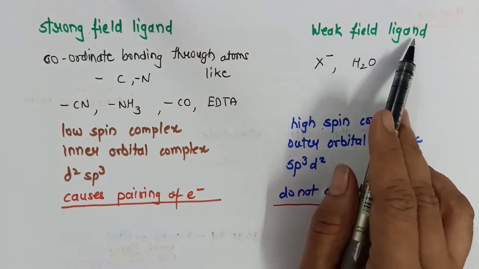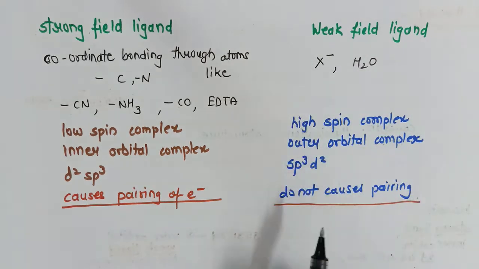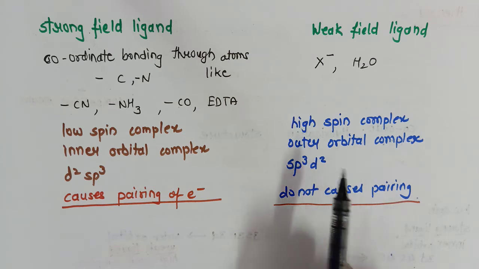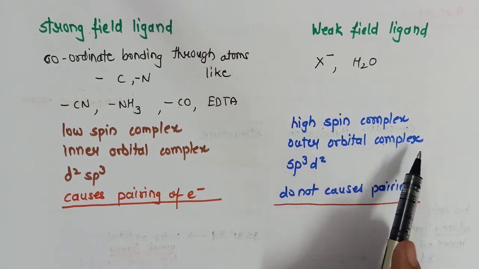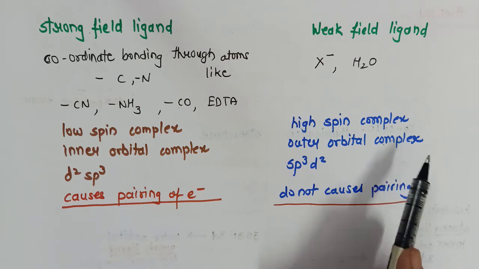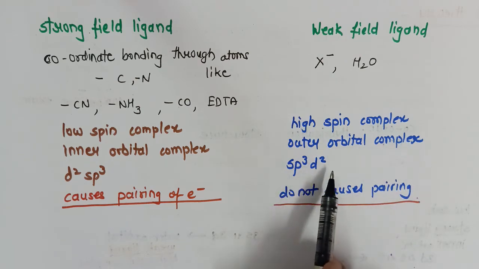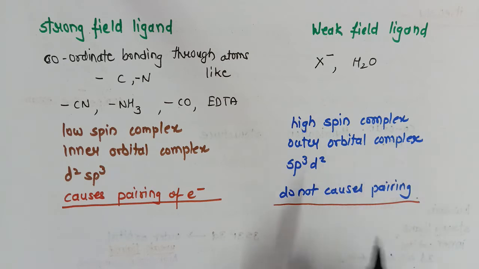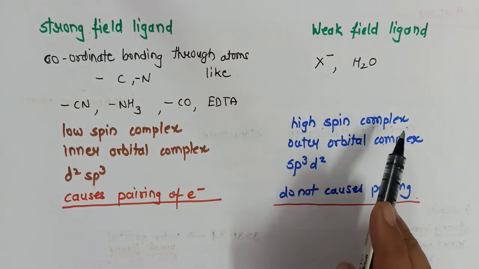Now weak field ligands are not capable of causing the pairing. They do not cause pairing, therefore they use outer orbital for hybridization like sp3d2, and therefore we call them outer orbital complex. Since they do not cause pairing, there will be many unpaired electrons left in them, and we'll call it a high spin complex.